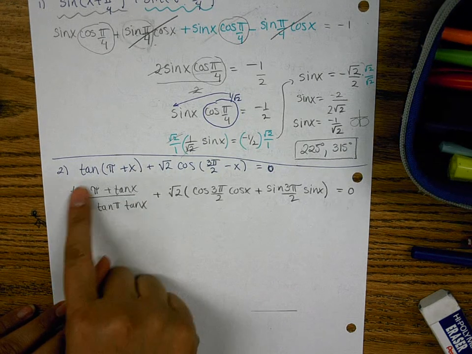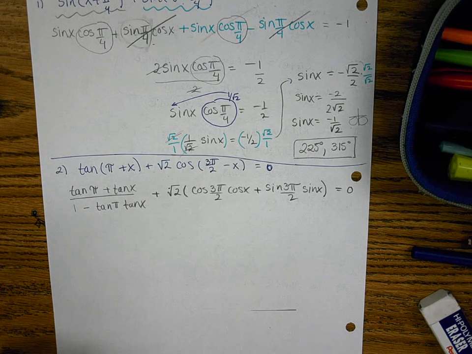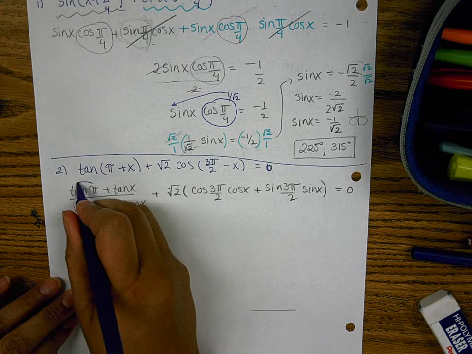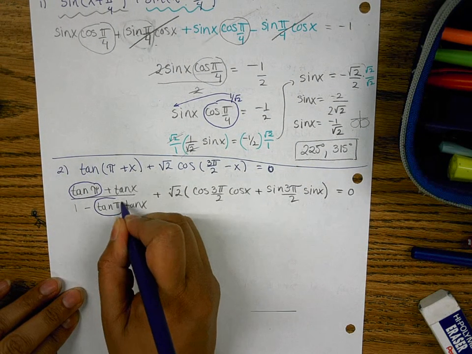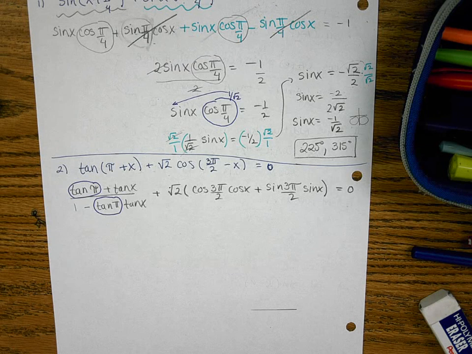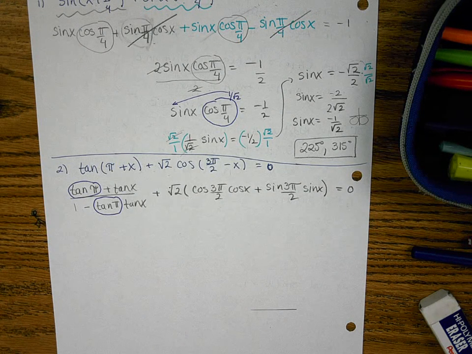Let's work on simplifying this one. Tan of pi we can evaluate because pi is on the unit circle. All right, what is tangent pi? Look it up or you have it in your head.